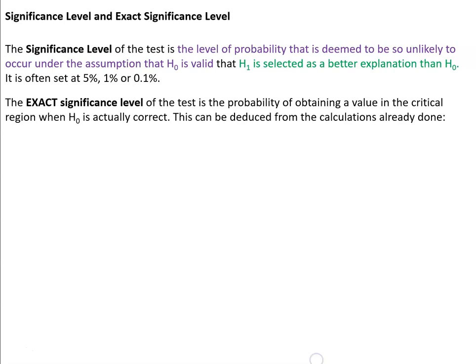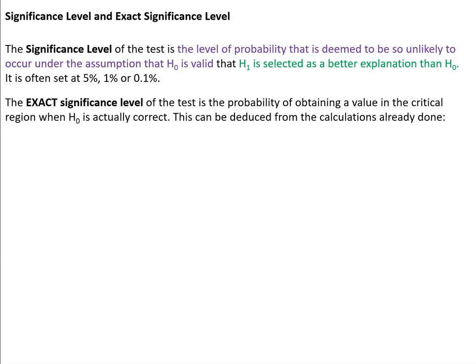The exact significance level of the test is the probability of obtaining a value in the critical region when the null hypothesis is actually correct. And this can be deduced from the calculations that we have already done.